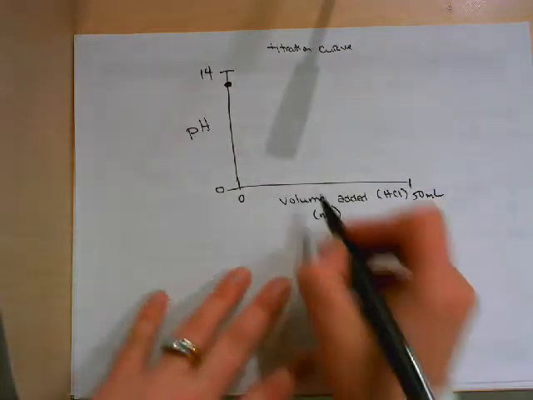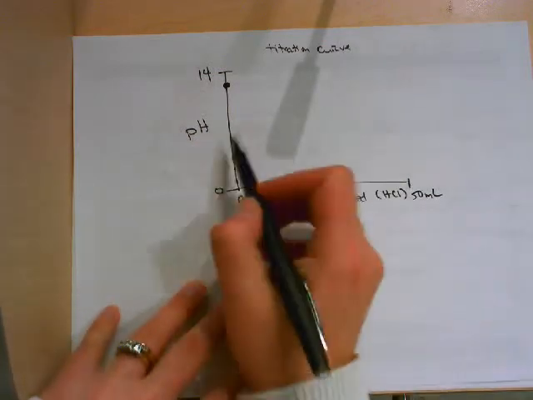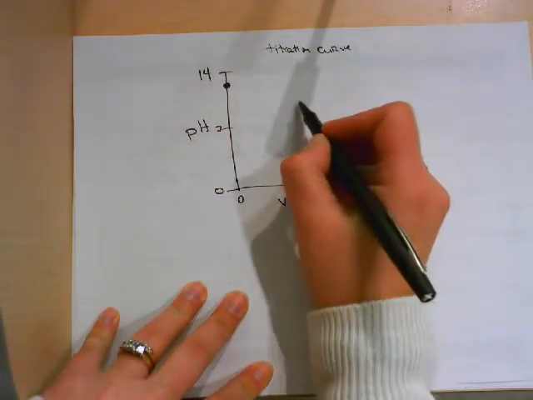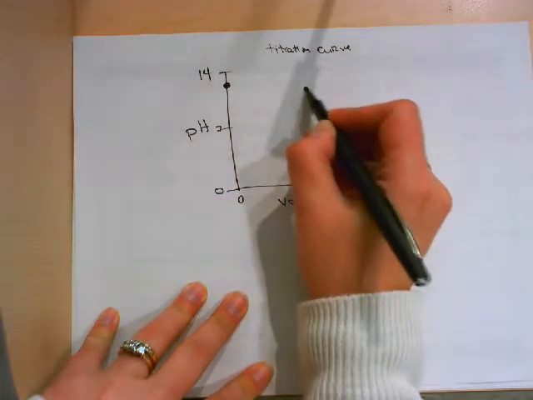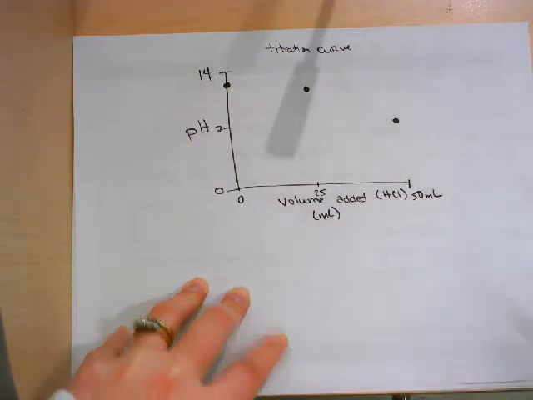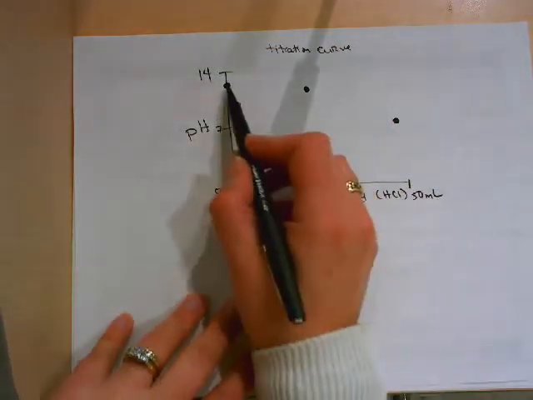When I added 25 milliliters, it was a little bit less than 13. And at 50 milliliters, it was 7. Obviously, it's not a great curve, it only has 3 points.